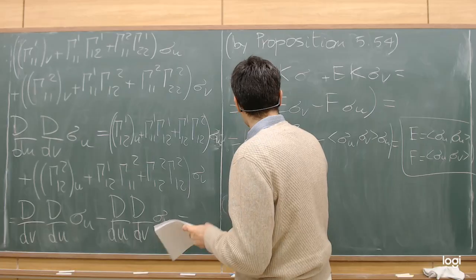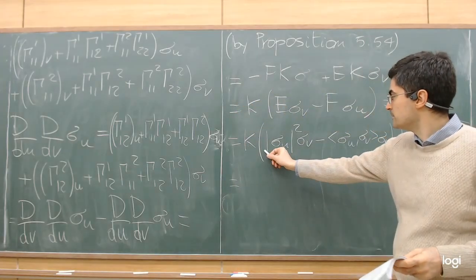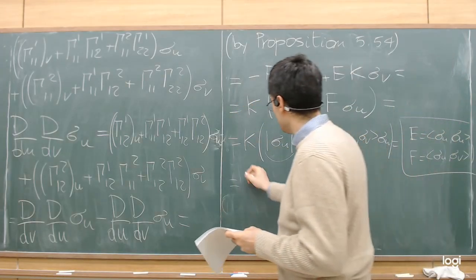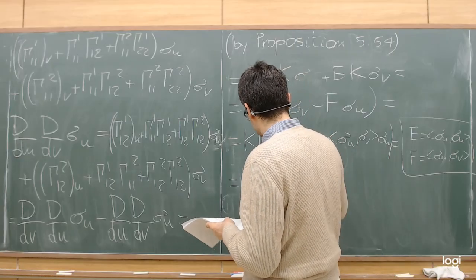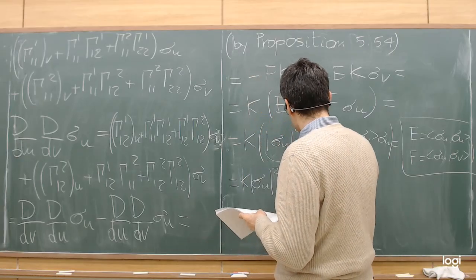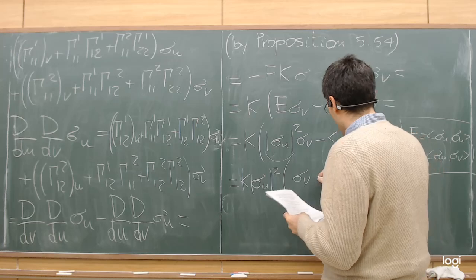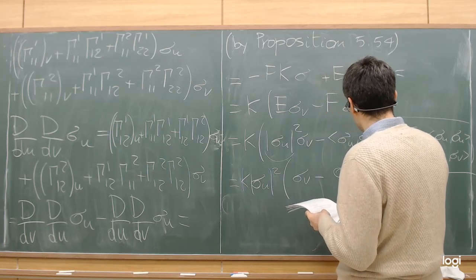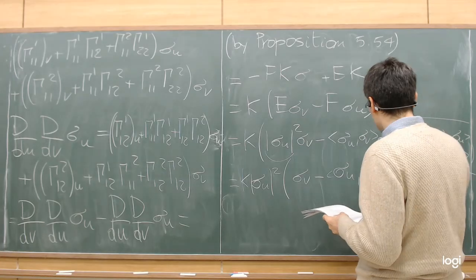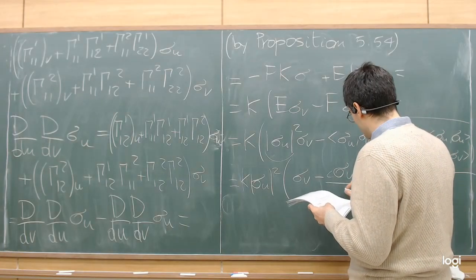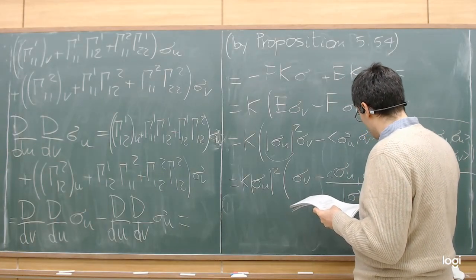And now I factor out this function: K length of sigma u squared times sigma v minus sigma u dot sigma v sigma u divided by length of sigma u squared.